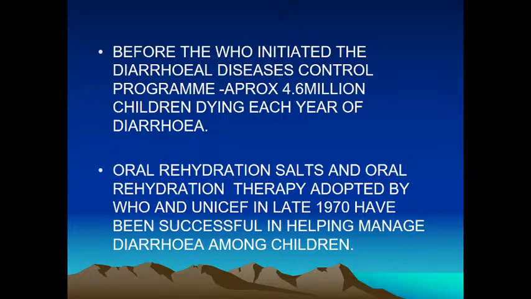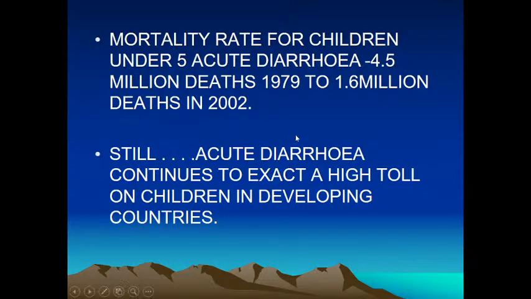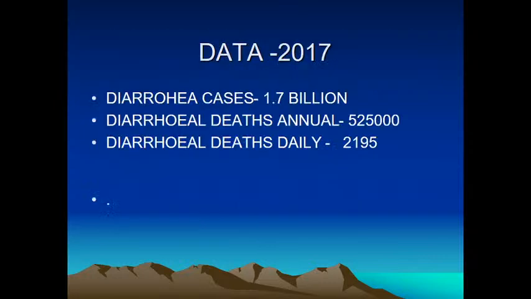Diarrhea per se can be controlled, but this dehydration is the one which requires to be controlled. So the under 5 acute diarrheas, which in 1979 caused about 4.5 million deaths, have come down now to 1.6 million or so. In 2002, even now it is approximately similar. Still, acute diarrhea continues to exact a high toll on children, especially in the developing world.